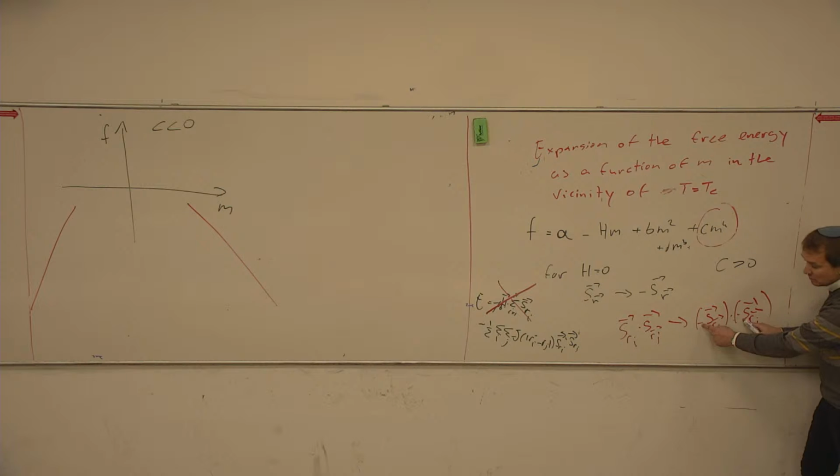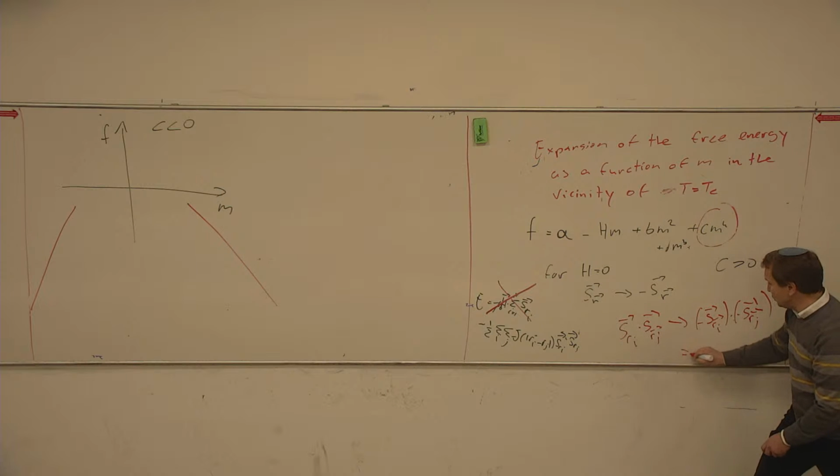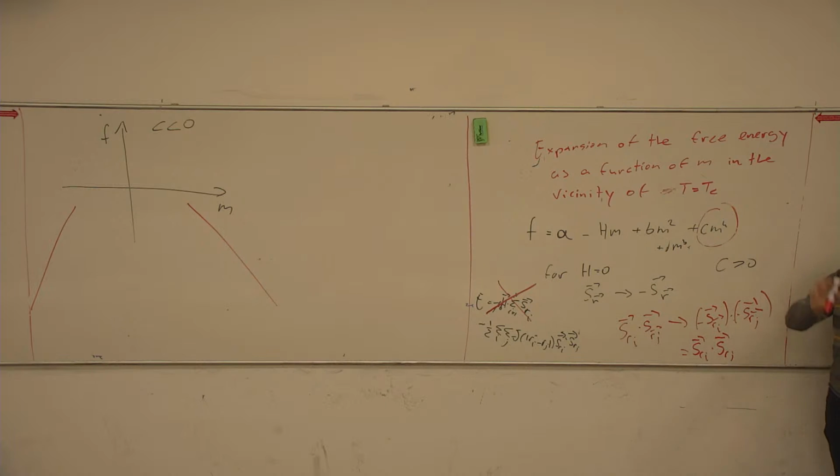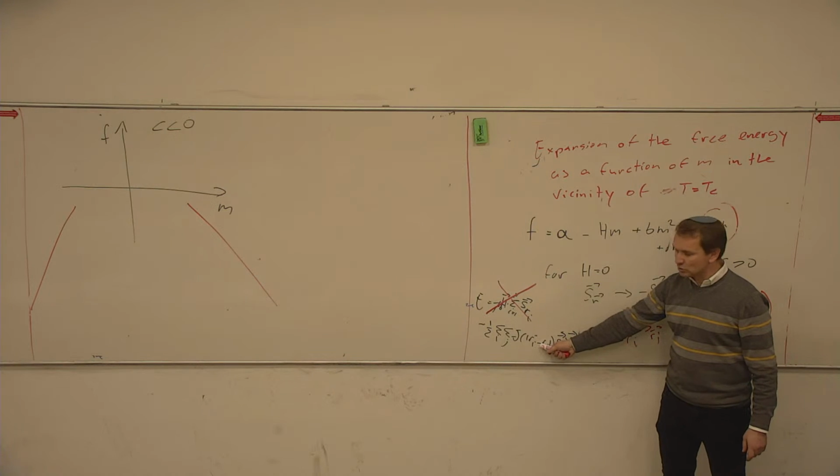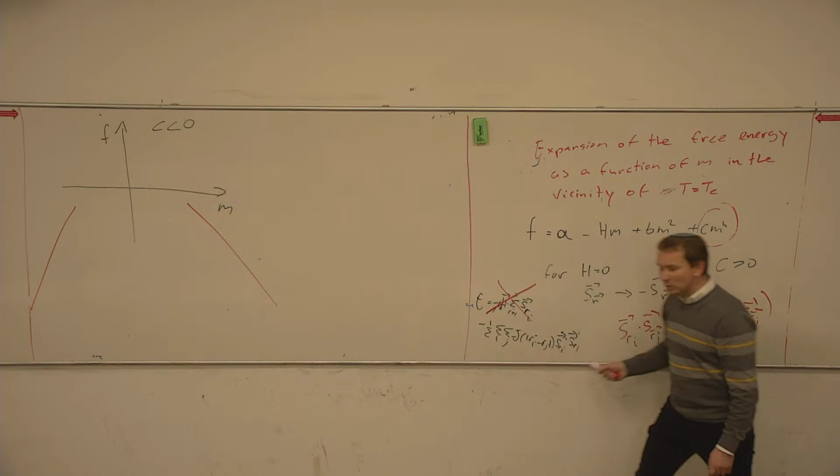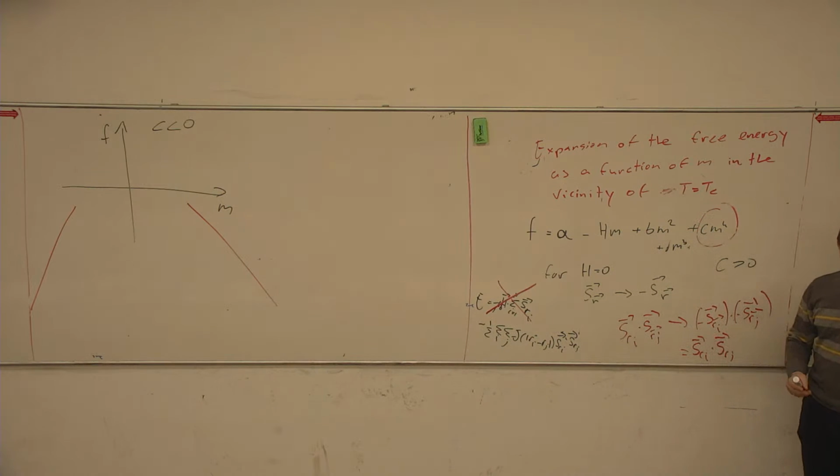Minus and minus cancel each other, and it's equal to S_i dot S_j. So by flipping all the spins, this is not going to change, right? The coupling constant is not changing, so the energy is going to be exactly the same. So the different states are going to be represented by similar energies.